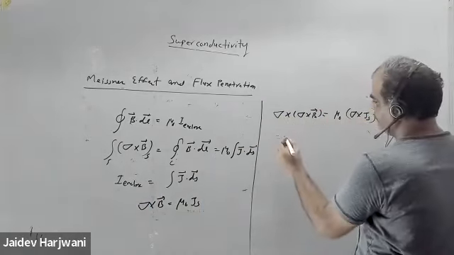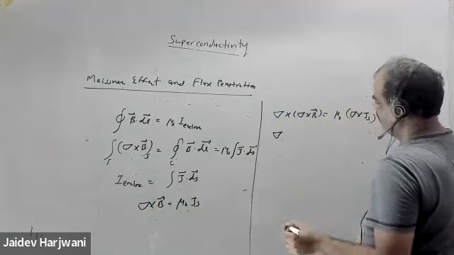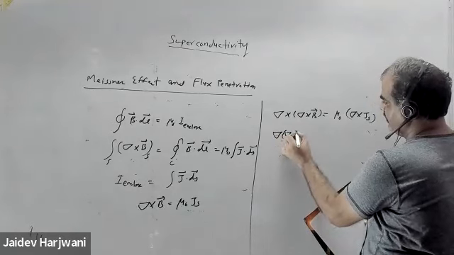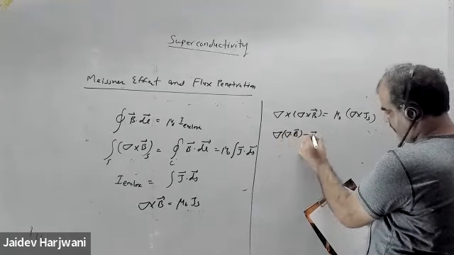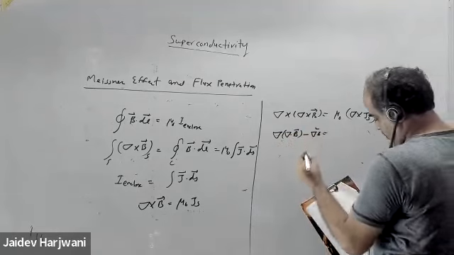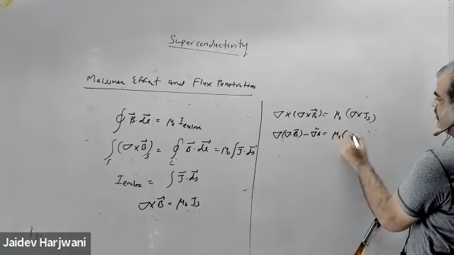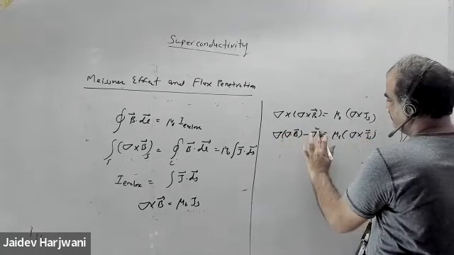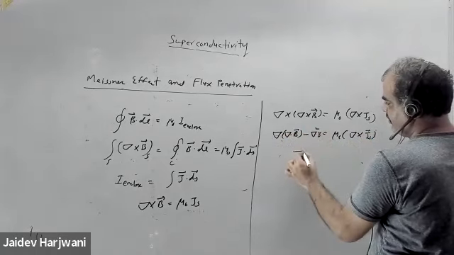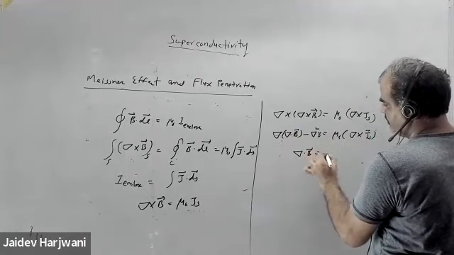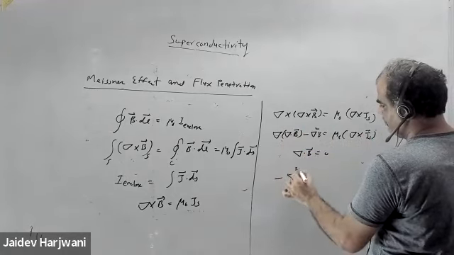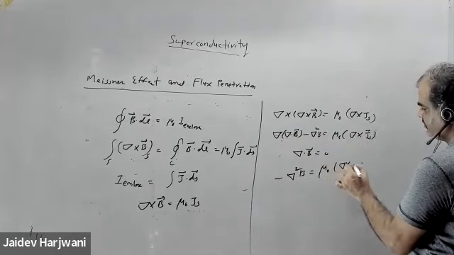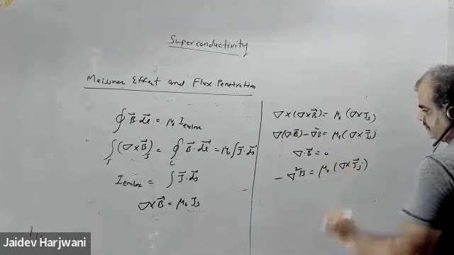Opening the left side gives del dot B minus del square B, and del dot B is 0 by Maxwell's equation. So minus del square B equals mu 0 del cross Js.